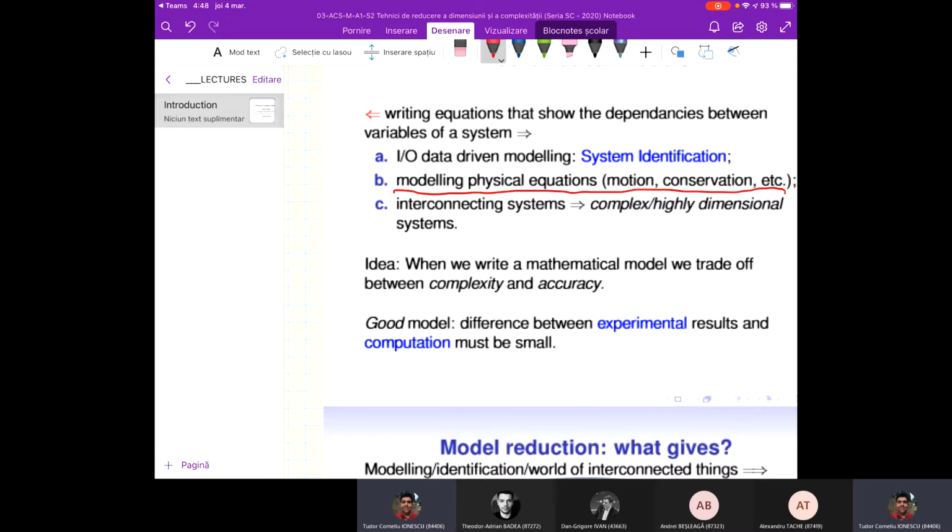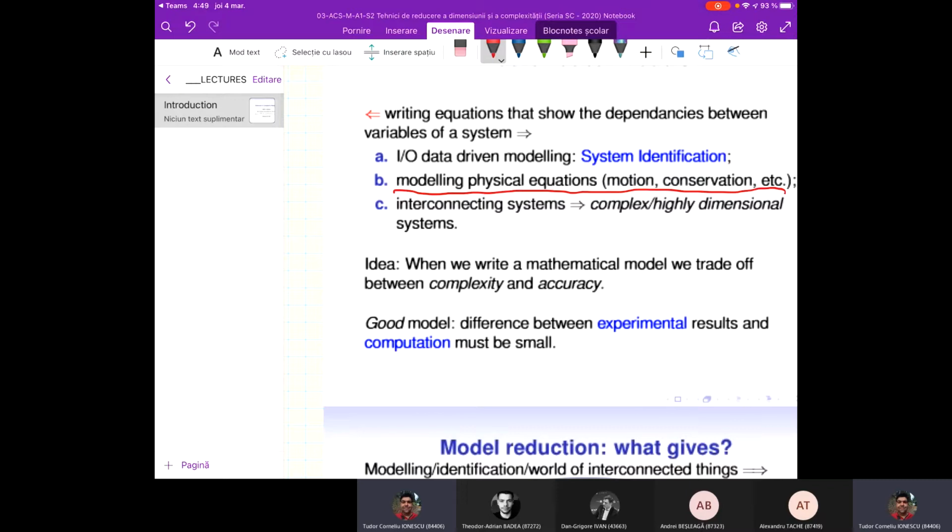So for systems of linear differential equations, indeed, the complexity is proportional to the number of equations. But when you talk about nonlinear systems, such as the newly presented pendulum, dimension and complexity are a bit different.